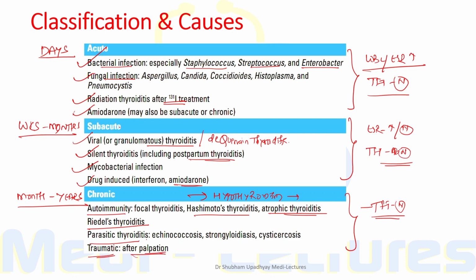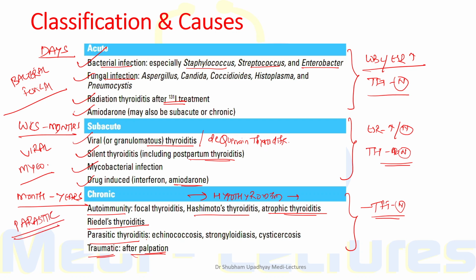So basically, when we see the etiology, bacterial and fungal infections usually lead to acute thyroiditis. Viral and mycobacterial infections lead to subacute thyroiditis, while parasitic infections lead to chronic thyroiditis. This we have to remember.